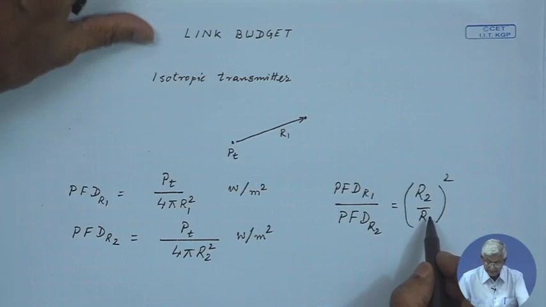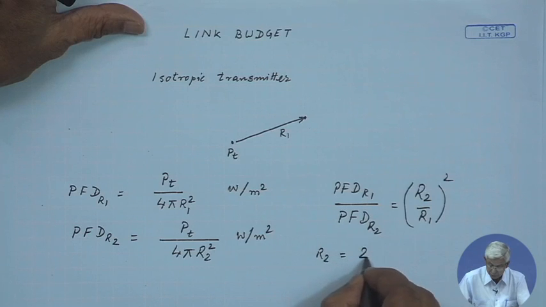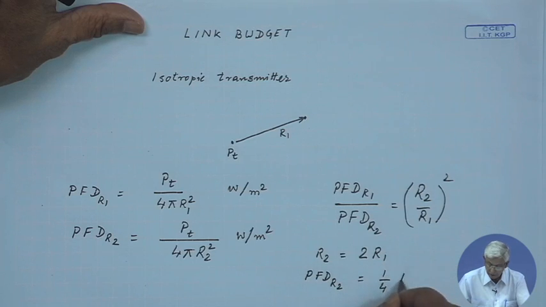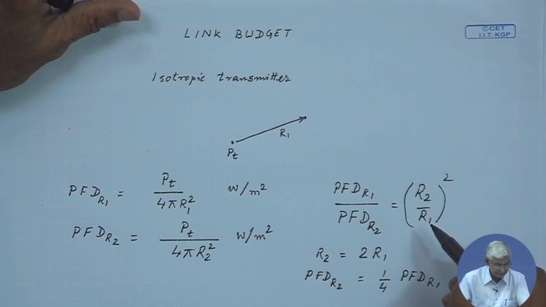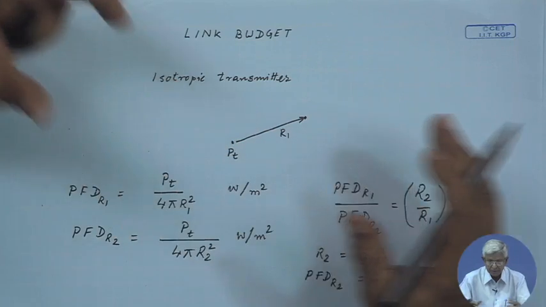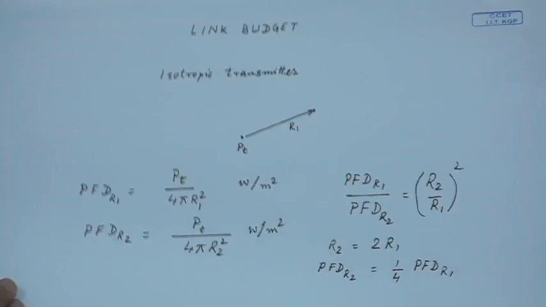That means, if let us say R2 is 2 times R1, then PFD at R2 is 1/4 of PFD at R1. It is the square of the ratio of the distance. So, it is getting spread with the distance of the path. Now, let us look at it a little more in detail.